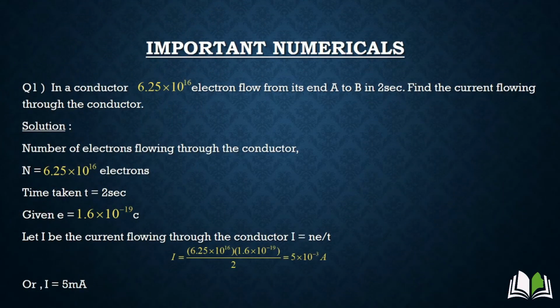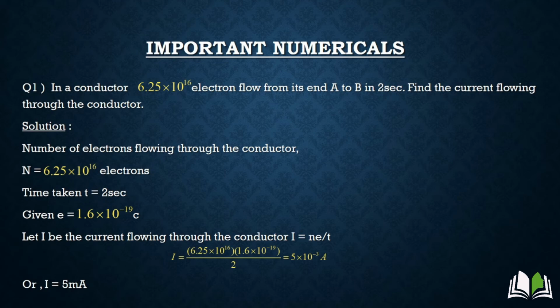Next we take some important numericals. First question is, in a conductor, 6.25 into 10 to the power 16 electrons flow from one end to another end in 2 seconds. Find the current flowing through the conductor. So the number of electrons is given, and we all know the charge of an electron is 1.6 into 10 to the power minus 19 Coulomb.